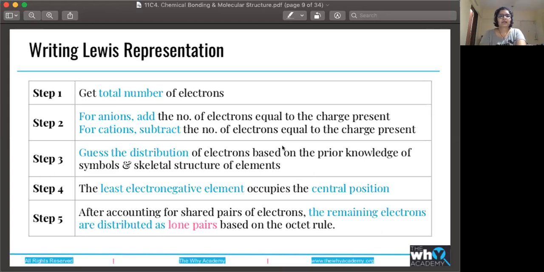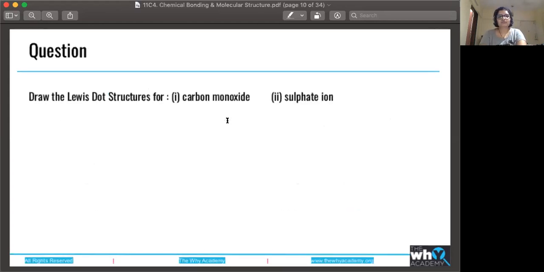Okay. So Lewis dot structures for carbon monoxide and sulfate ion. Last class I had done it for the nitrite ion, NO2 minus. Now I'll do it for one of these only, carbon monoxide, and after that you can try it out for the sulfate ion on your own.